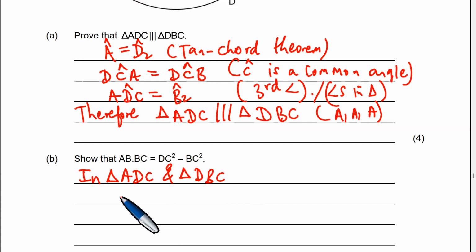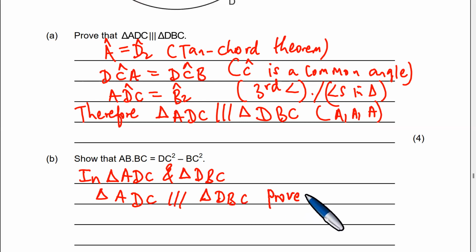In those triangles, we note that triangle ADC is similar to triangle DBC. Why? Because it was proved above, proved in A above. Right. We don't need to prove it again.